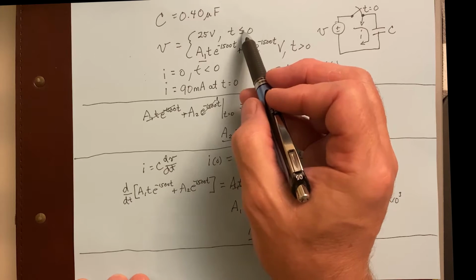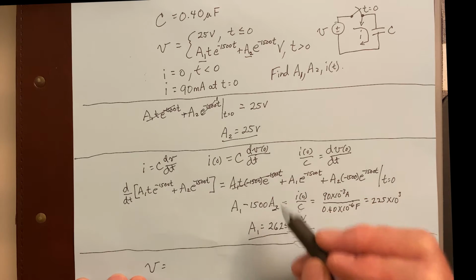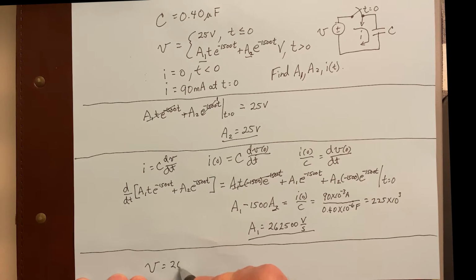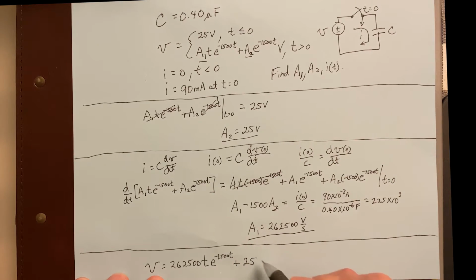It is 25 volts before T equals 0, but after T equals 0, the voltage is A1, 262,500 T e to the negative 1500 T, plus A2, 25 e to the negative 1500 T volts, and that is for T greater than 0. Okay, so there's the voltage function.